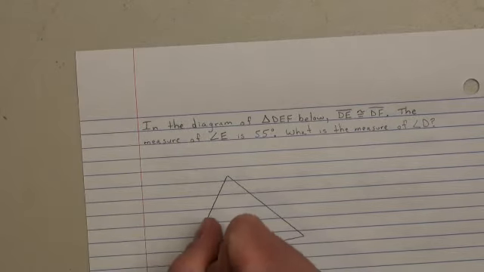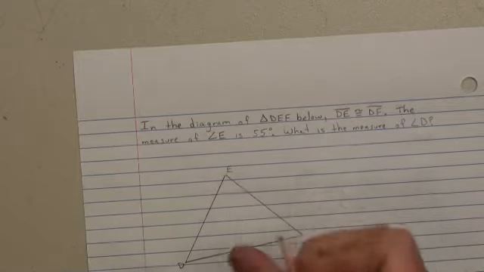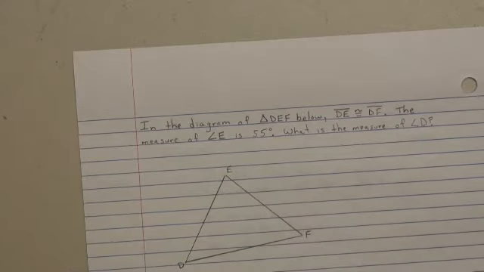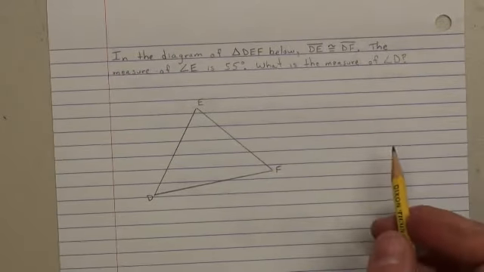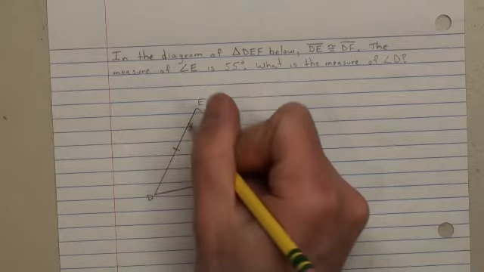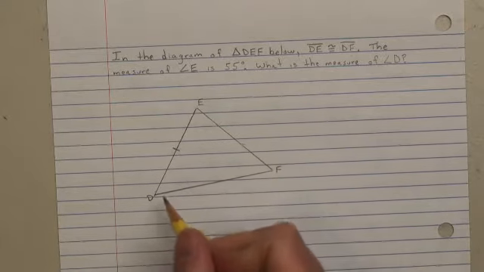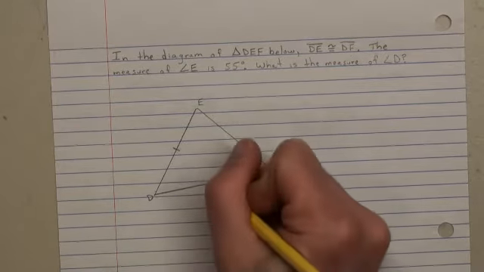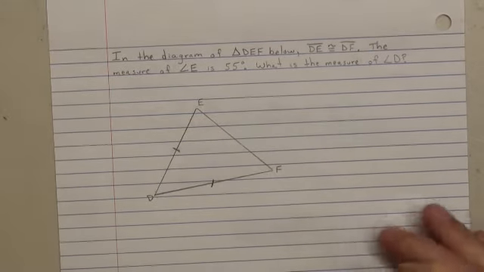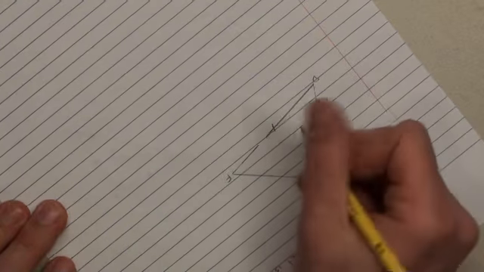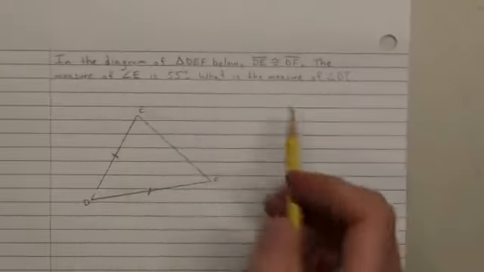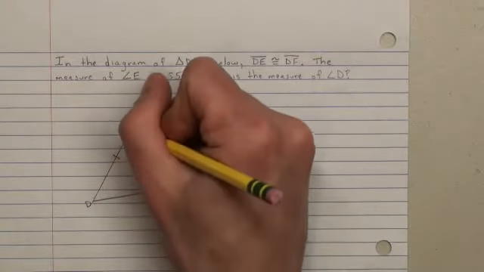And I'm going to label this D, E, F. Now, DE is congruent to DF. So DE, this one, is congruent to DF, this one. So here's my isosceles triangle. If you want to put it straight side up, it's like this. Okay? Now it says angle E is 55 degrees.